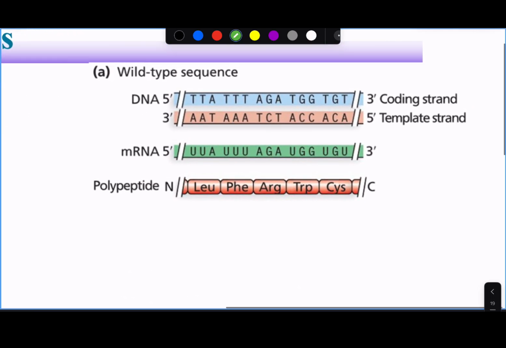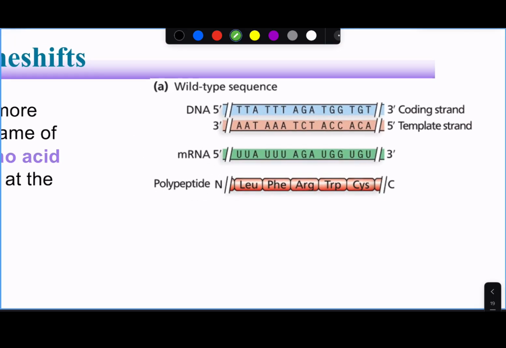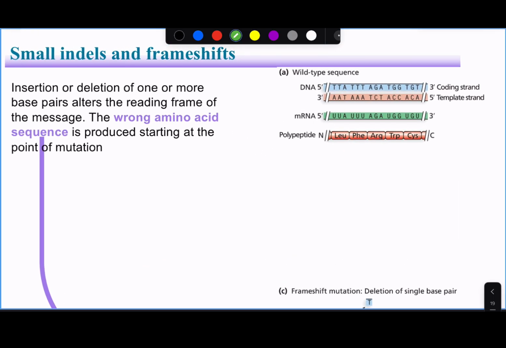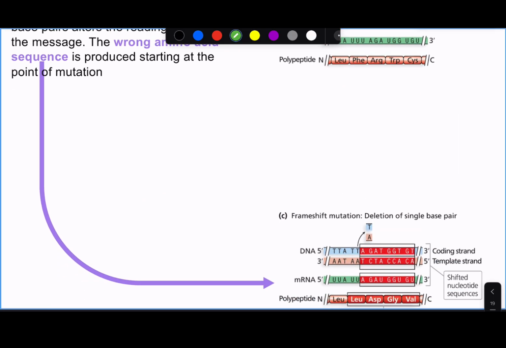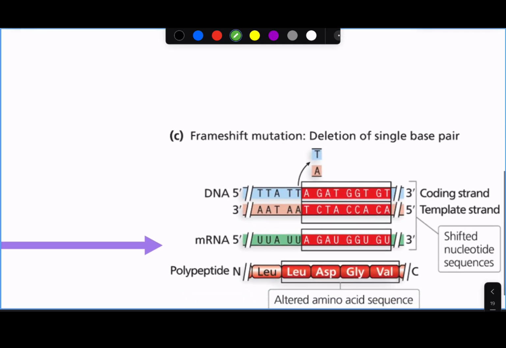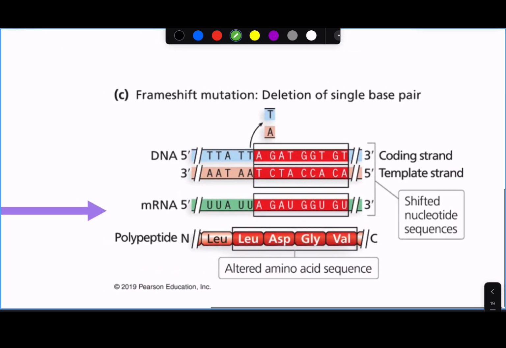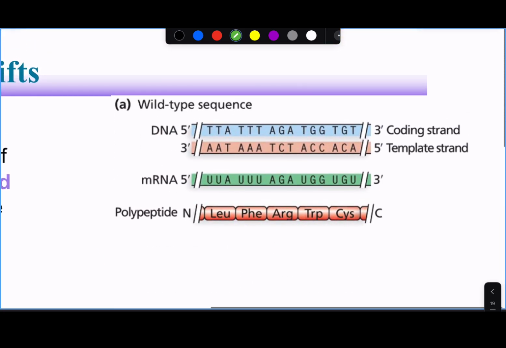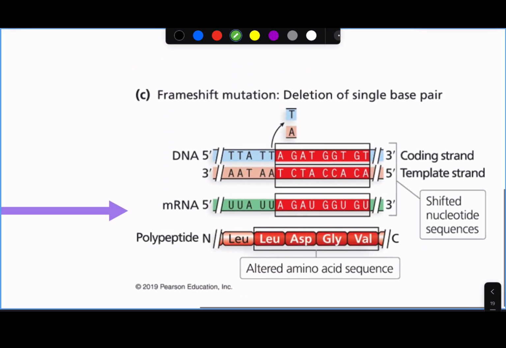Let's say that we have this wild type sequence, right? So it translates to this stretch of codons that will translate to leucine, phenylalanine, arginine, tryptophan, cysteine. That's cool. And then in this example, there is a small deletion, right? So let me see what the original sequence was. So we had a TTT here.